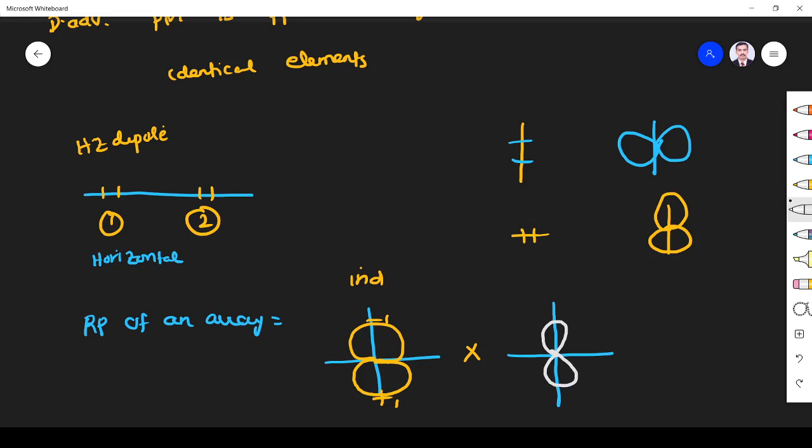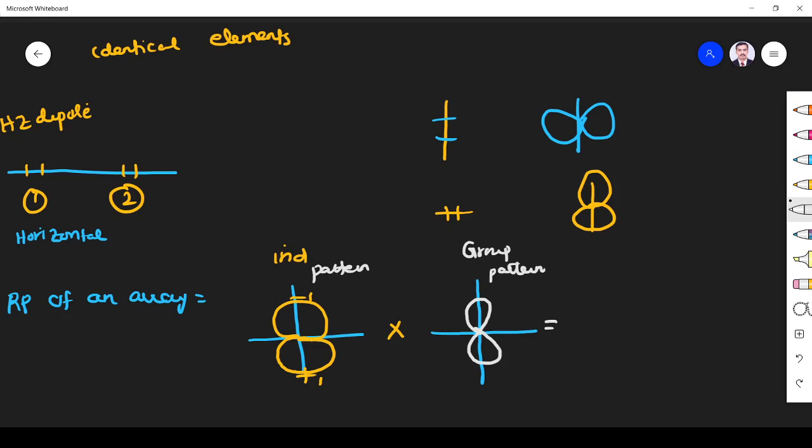So this is the individual pattern, this is the group pattern or array pattern. If we multiply these two, what we get is our pattern multiplication answer. This is also a normalized value.